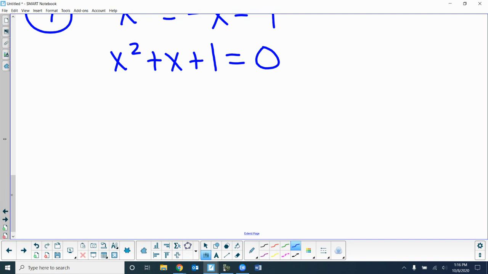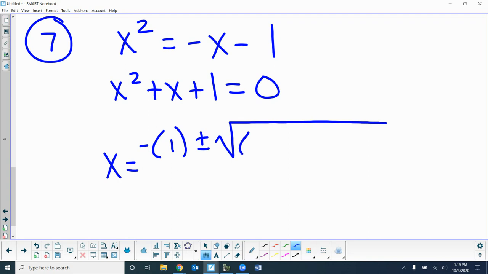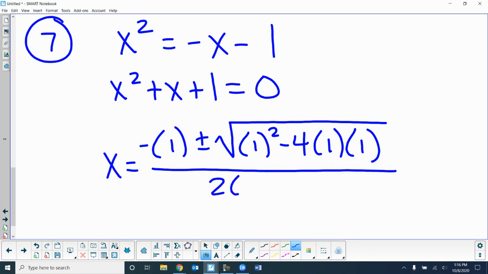So, Cody, what's my ABC? Right. But what numbers are in front of x squared now? Yeah, those are the numbers I want. I don't need to worry about the variables, right? Just the numbers. Okay? So 1, 1, 1 for my variables. So every spot, negative b plus or minus b squared minus 4 times a times c over 2 times a.